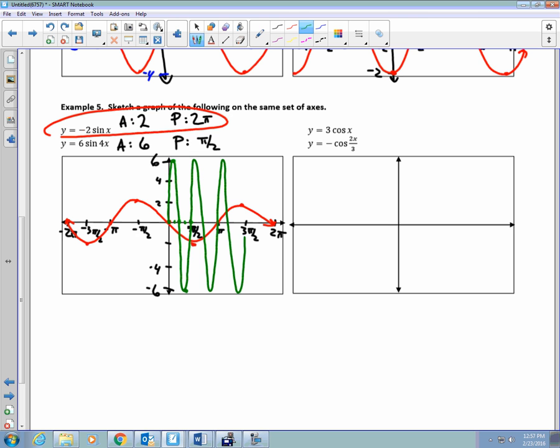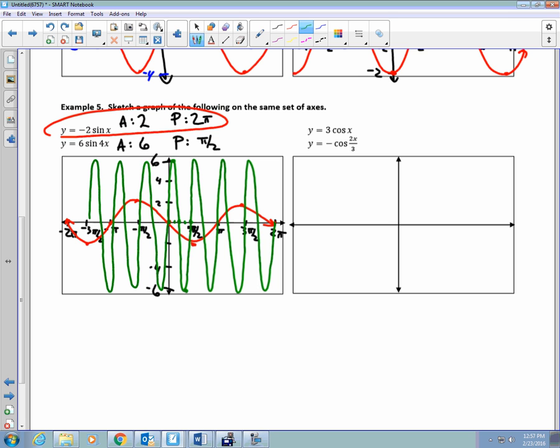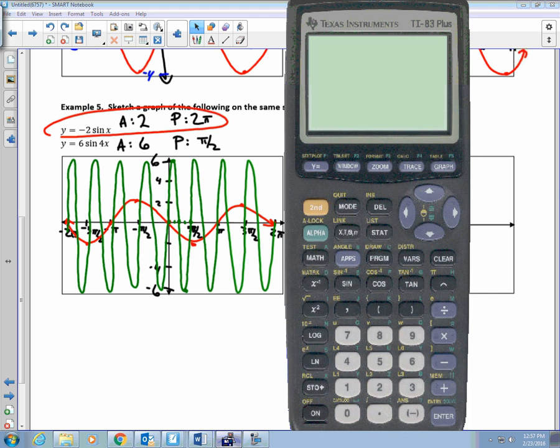Now, you might choose to laugh at this, but did I take out my calculator? You can always check these by looking at a graph. I type in negative 2 sine of x. By the way, your calculator must be working in radians. Working in radians right now. 6 sine of 4x.